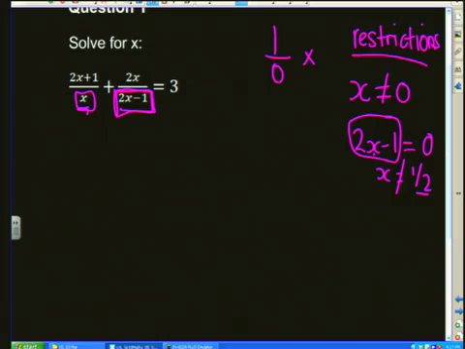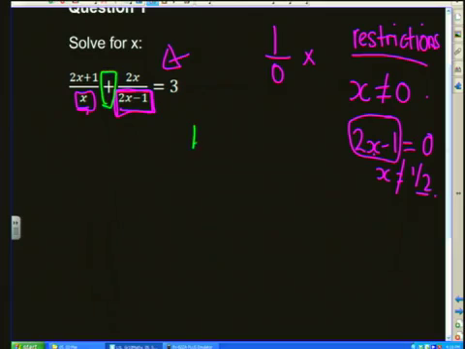These restrictions will help you streamline your solutions from your equation, so you can see if there are any that need to be left out. So it's a good idea to always put those restrictions in first. Okay, next step, we are solving an addition of fractional equations.